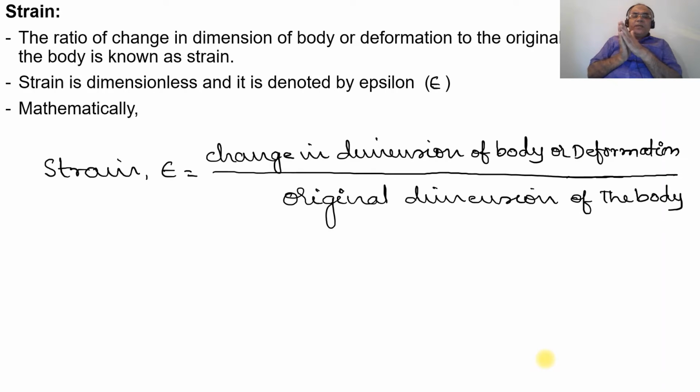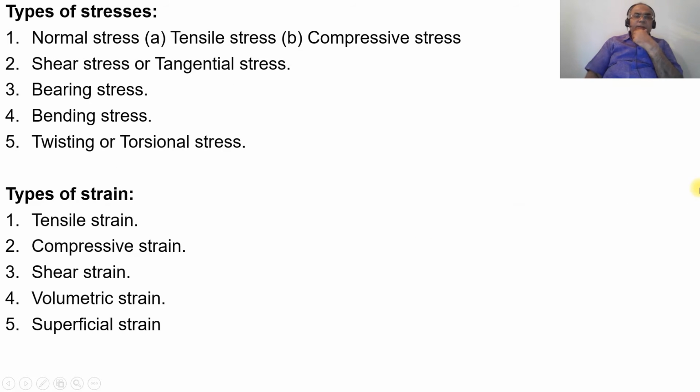So mathematically, we can write strain equals change in dimension of body, or deformation, divided by the original dimension of the body. So what are all the different types of stresses and strain which we are going to get on the member? The types of stresses are the normal stress. When you talk about the normal stress, we always talk about tensile or compressive.